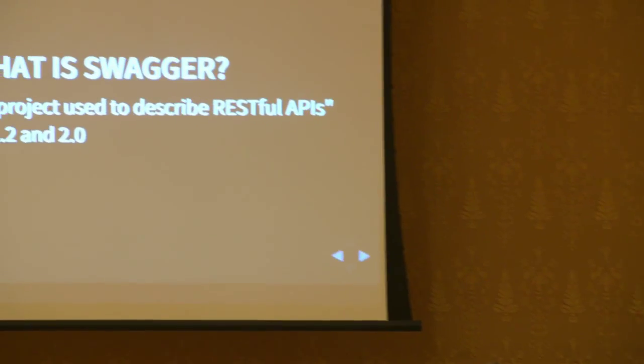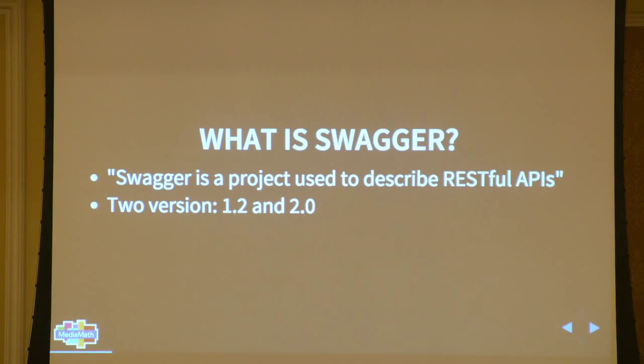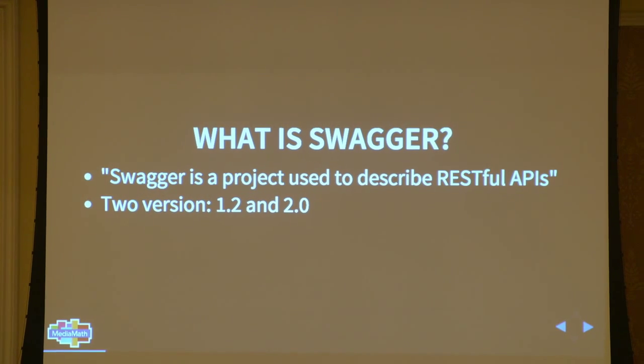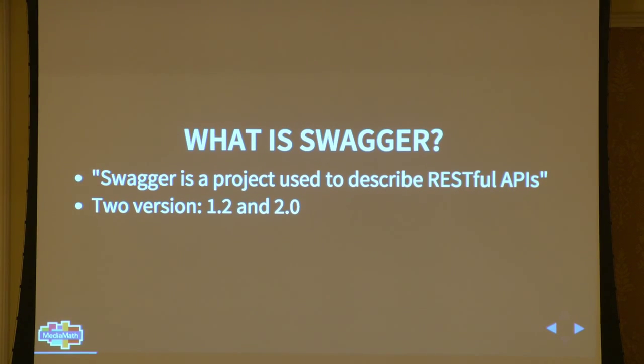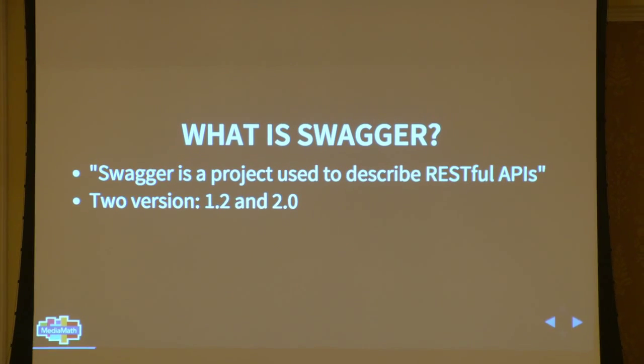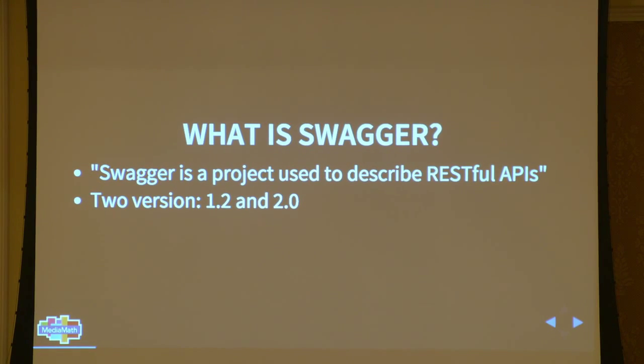So what is Swagger? It's lifted straight from swagger.io. Swagger is a project used to describe RESTful APIs. There are 2 primary versions out there in the wild, version 1.2 and version 2.0. 1.2 is probably more prevalent, but I think things are moving rapidly to 2.0. Essentially, all Swagger is, is JSON, a data structure.